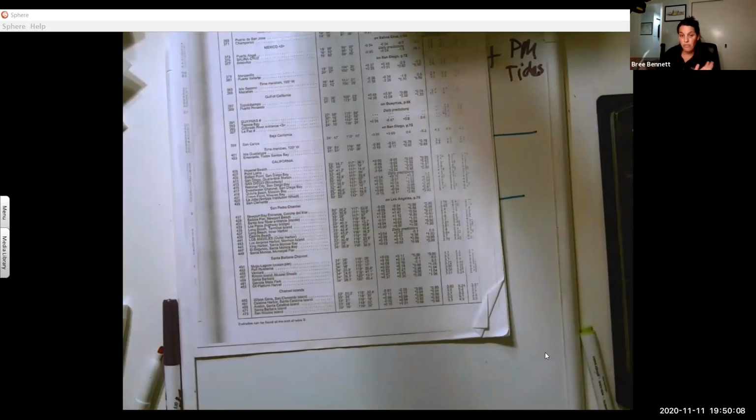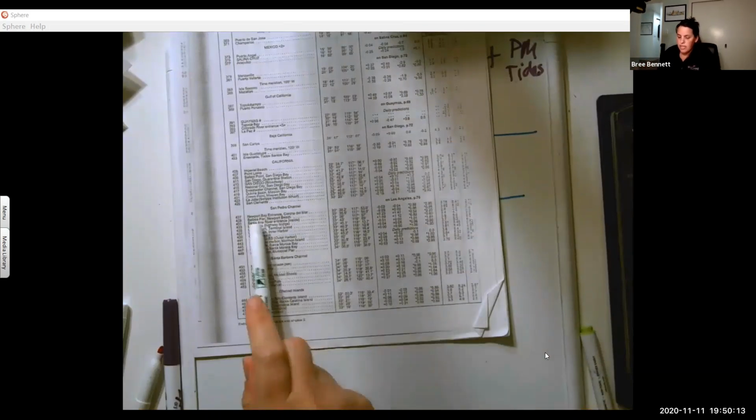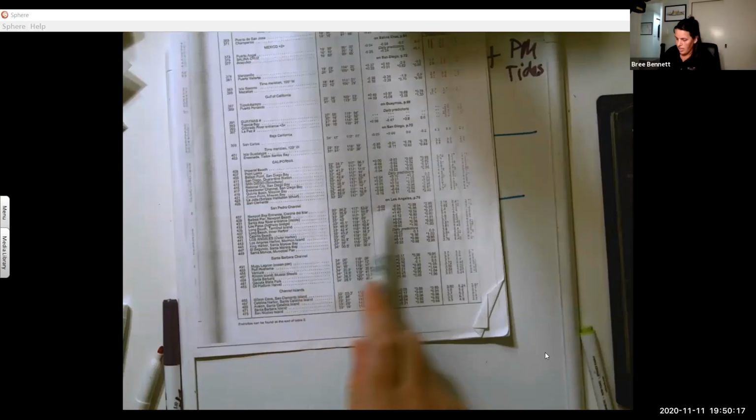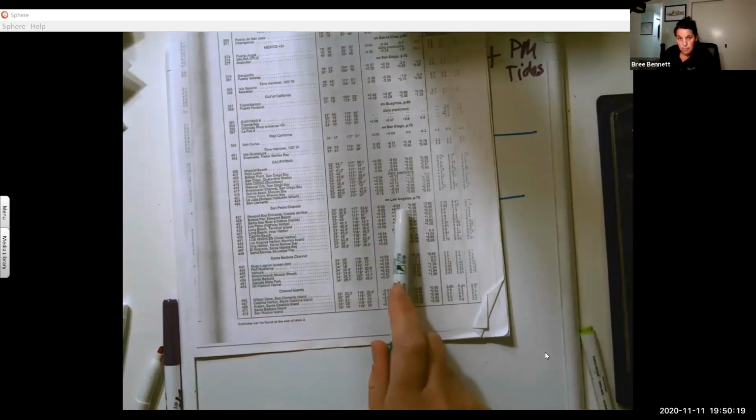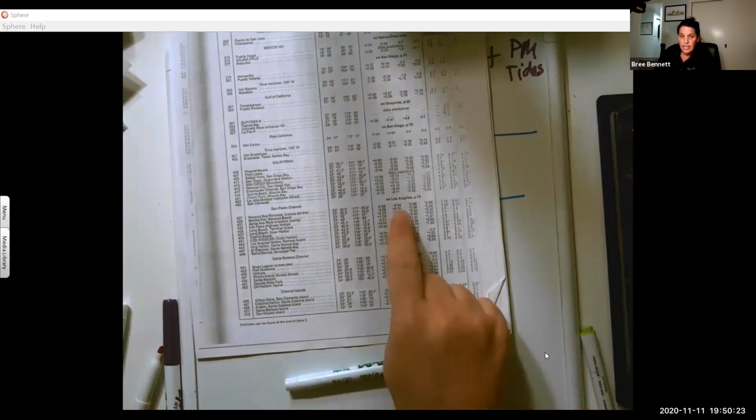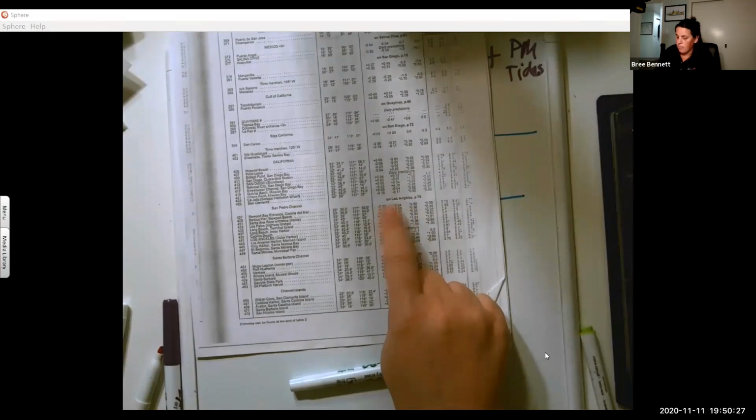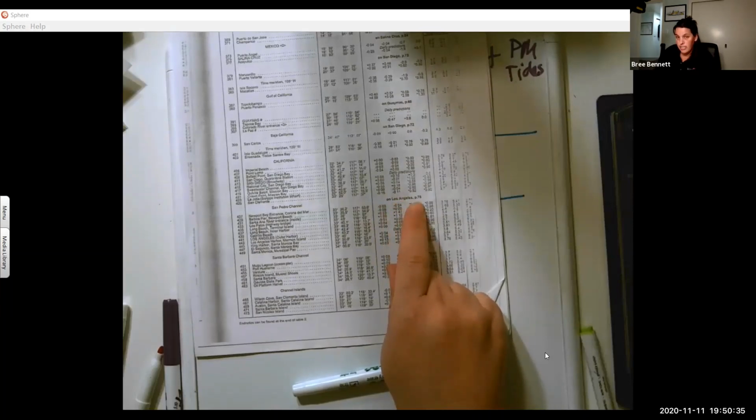Also on this page, what reference station am I going to be using? So I found my Newport Bay entrance. That's what I'm looking for. Then I go up. I follow my finger here, and I go up until it tells me in bold which reference station to use. So this says use the Los Angeles on page 76.